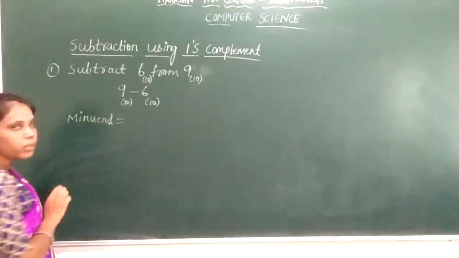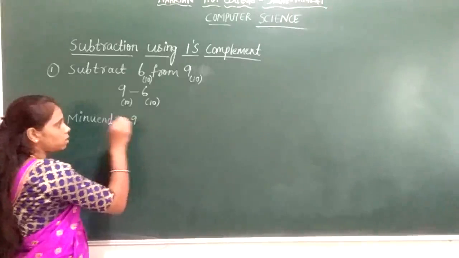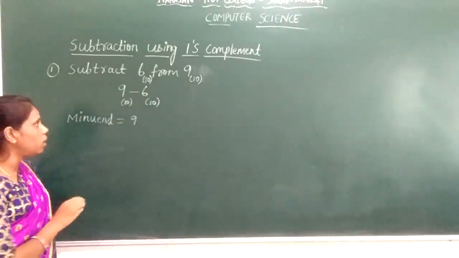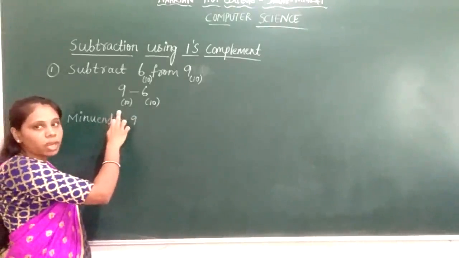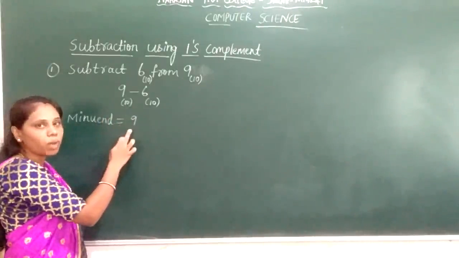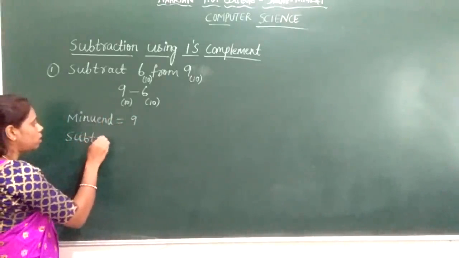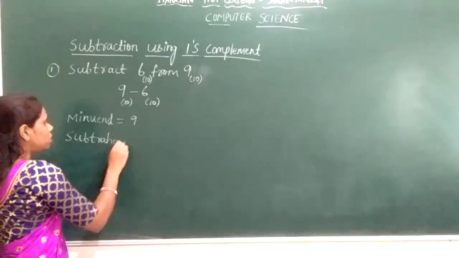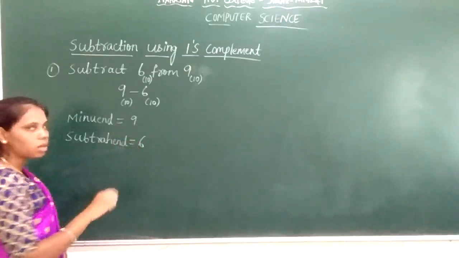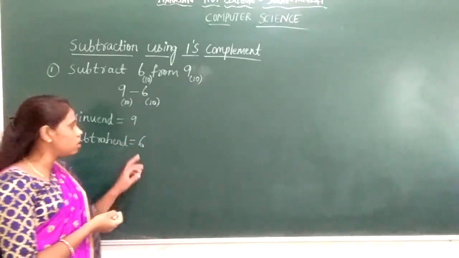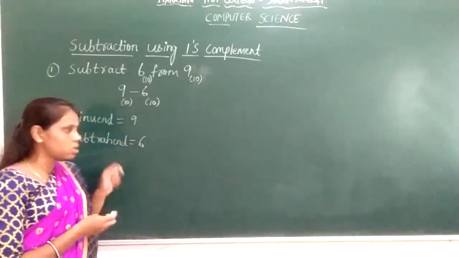Here the minuend is 9. What is a minuend? The number from which we are subtracting is called the minuend. Next find out the subtrahend. Here the subtrahend is 6. The number we are subtracting is the subtrahend, that is 6.